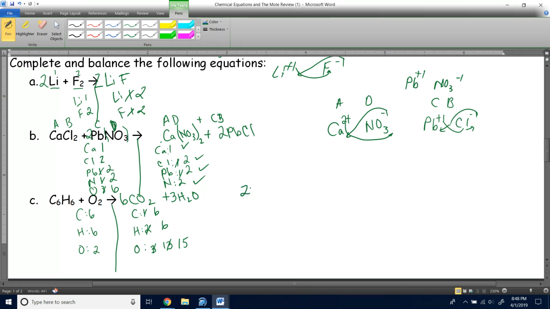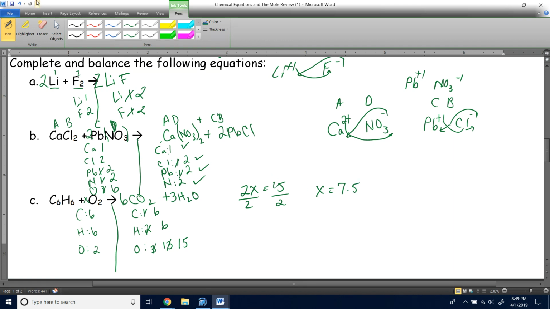2 times x gives us 15, and the x that's going to go in here is this x right there. So we're solving for this x. Divided by 2, divided by 2, we get x is equal to 7.5. Does that sound right, guys? 7.5 sounds fantastic.